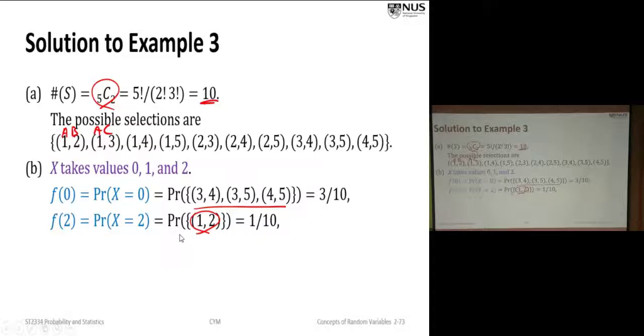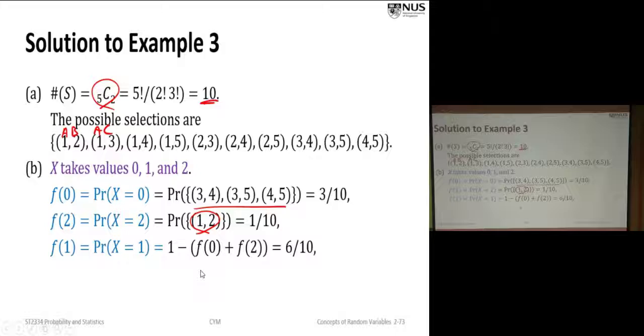And then I work out F1. Because there are only 3 possible values for X, F1 is just 1 minus F0 and F2, so it's 6 over 10. You see, by doing so, I did not follow F0, then F1, then F2. I work out F0 and then F2, then F1 is obtained by 1 minus F0 and F2.